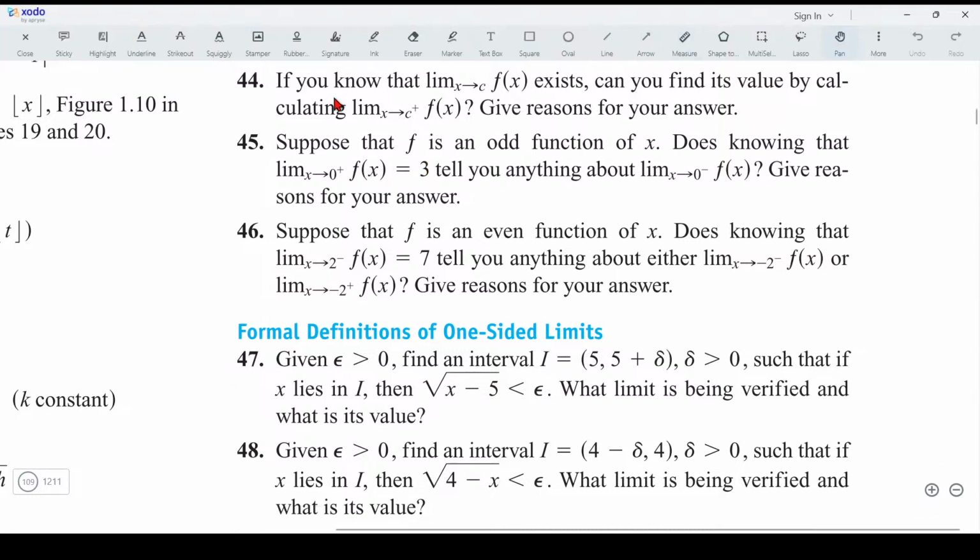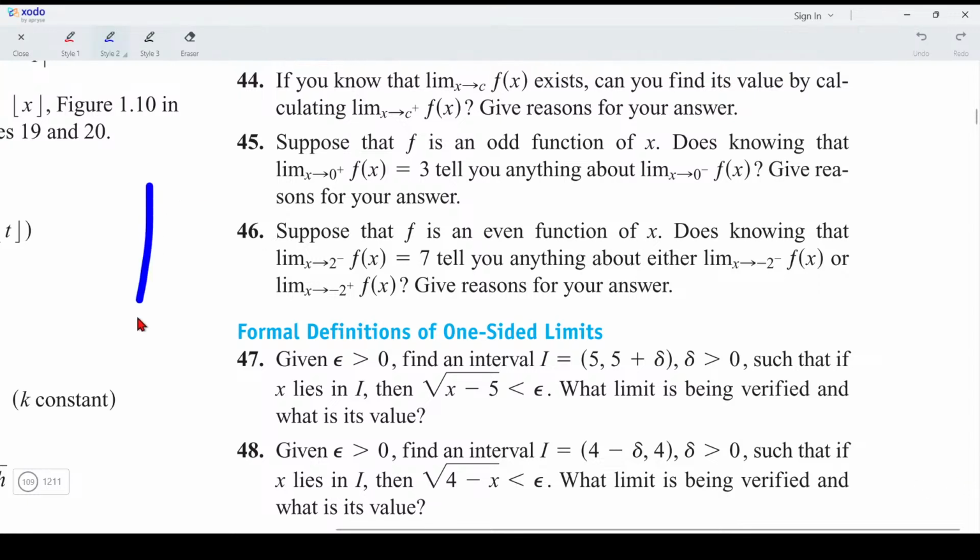If you plot the graph, f of 0.1 something should look something like this. This value is, let's say, 3. When you are approaching 0 from the right hand side, you are approaching 3. That's what this means, right? But we also know that because it is an odd function, whatever f of 0.5 is, let's say some 4 or 5, f of minus 0.5 would be minus 4 or minus 5.